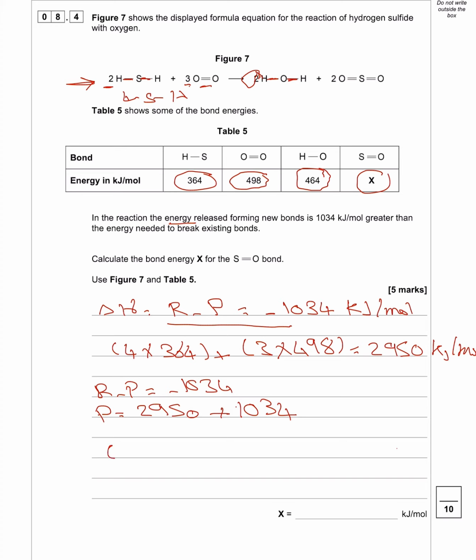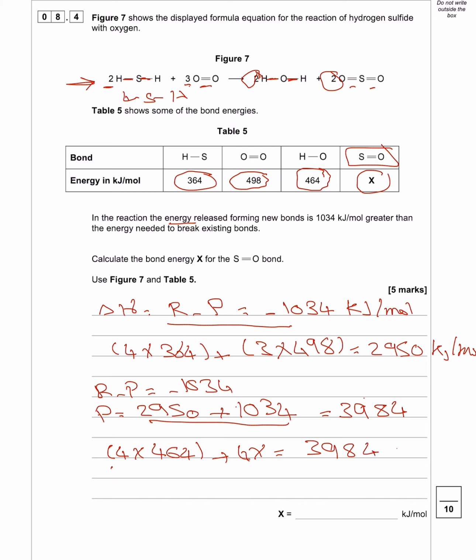So for the product it's going to be 4 times the 464, plus there are also two SO here, which are repeated twice as well, which means there are four of the SO bonds. So 4x. That will give you this total, which we should calculate, and that will give you 3,984.